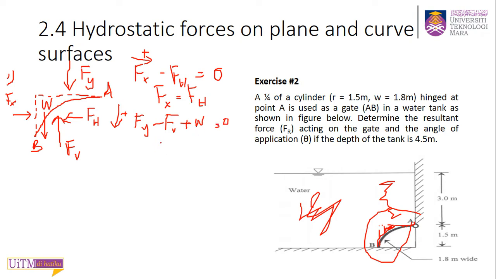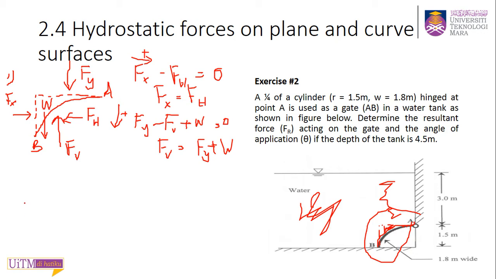Normally we want to find Fv, right? Fv is equal to Fy plus, sorry, W. Okay, so you have one term for Fh and one term for Fv.